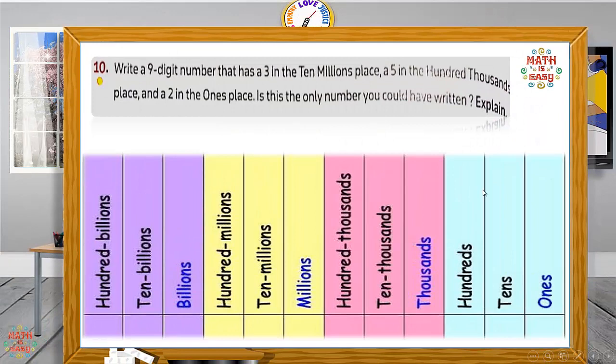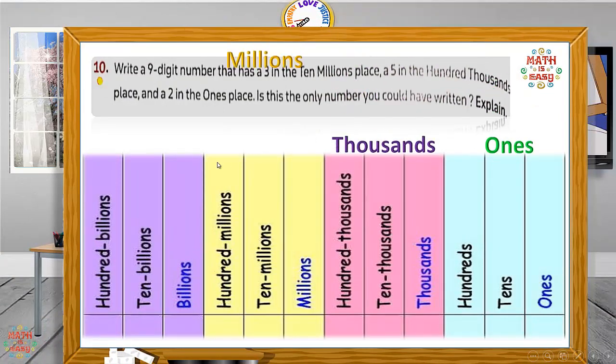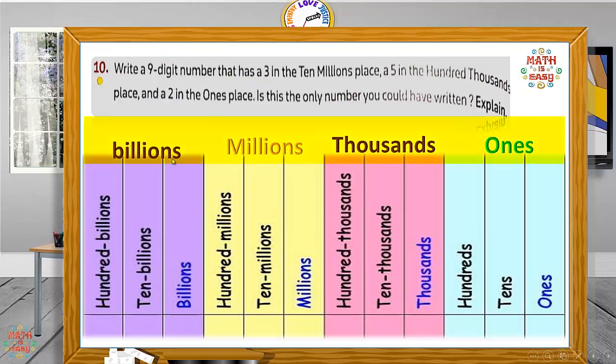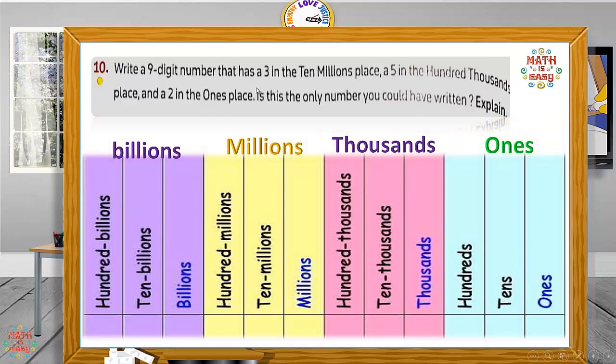Here we have a place value chart: ones, thousands, millions, billions. We will write numbers down as he said here. He said 3 in the 10 millions place. This is the 10 millions place, we will write 3. And 5 in the 100,000s.